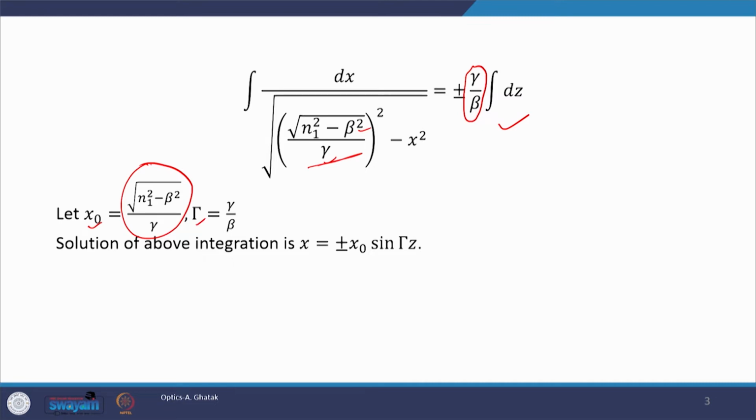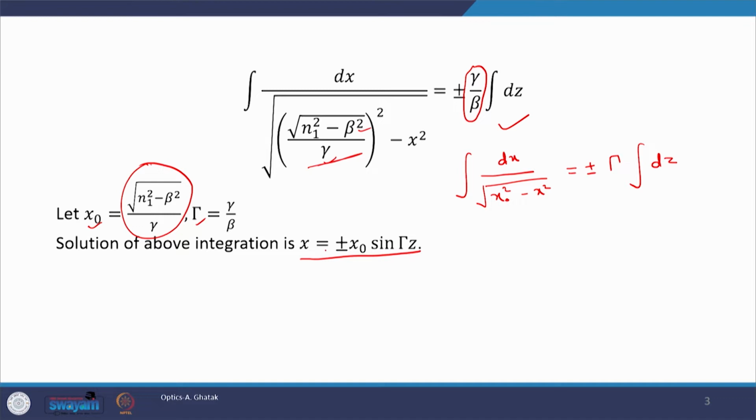After these two replacements, the equation will look like this: dx by square root of x naught square minus x square is equal to plus minus gamma dz. It is an easily integrable function, and if you integrate it, you will get this relation: x is equal to plus minus x naught sin gamma z. Gamma is capital gamma here.